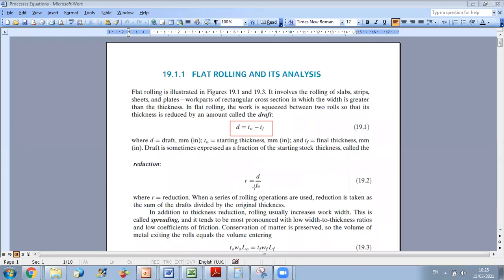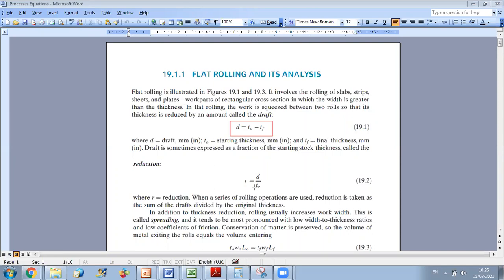Okay, and in case you have a series of rolling operations, because sometimes you cannot reduce the thickness in one pass, you need to do multiple passes of your plate between rolls in order to achieve the final reduction. Because we will see together that for a certain rolling setup, you have a maximum draft per pass. For example, let's say each pass allows you to do 1 millimeter reduction.